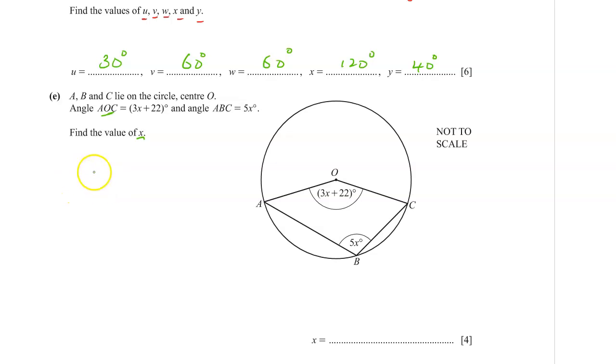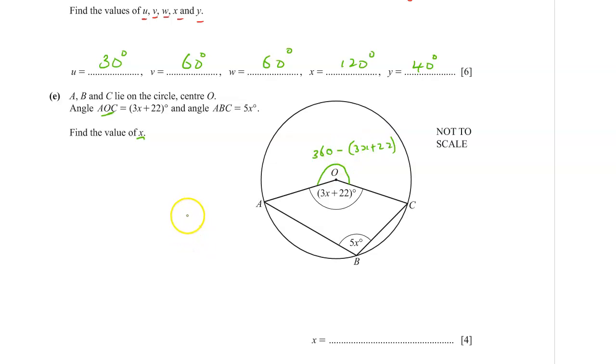We know that this angle right here is 360 minus 3x plus 22.